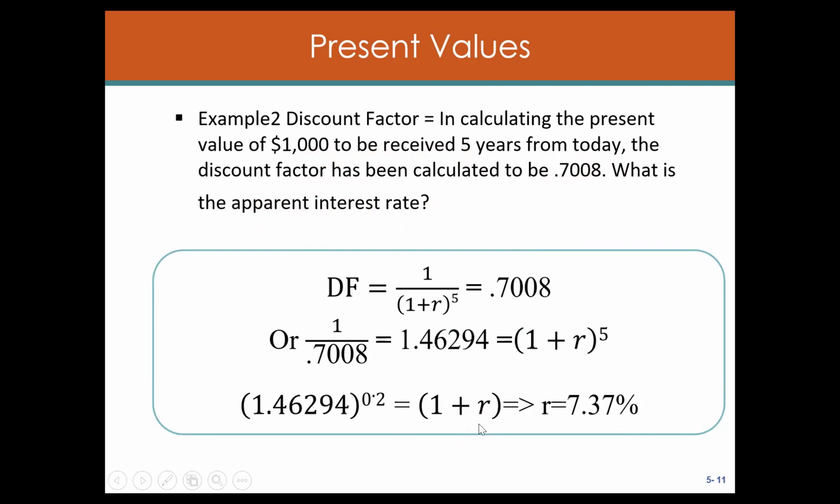So over here, if you solve for 1 plus r, you get this amount and r will be equal to 7.37% interest rate. But the beauty of all this is when you use Excel, you can find out all these things very easily. And I'll show you those things too.